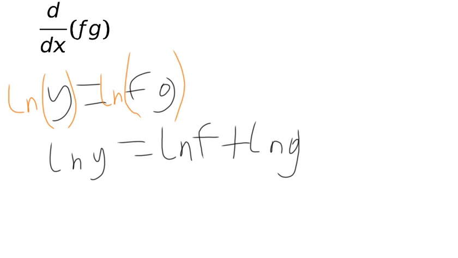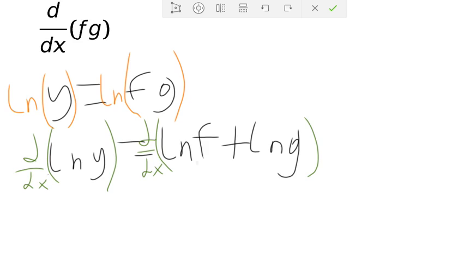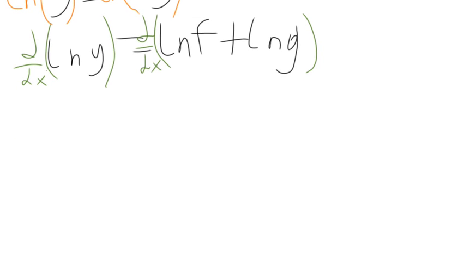So I'll go ahead and take the derivative. Let me use a darker color here. The derivative with respect to x on both sides. So over here, the derivative of natural log of y, we have 1 over y.